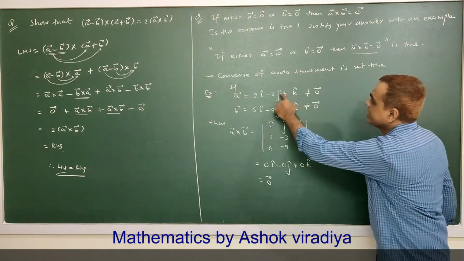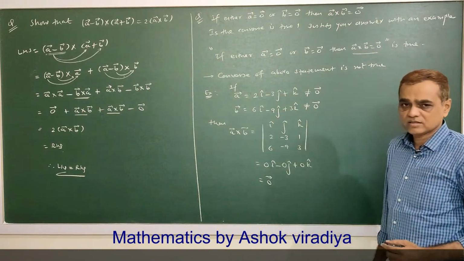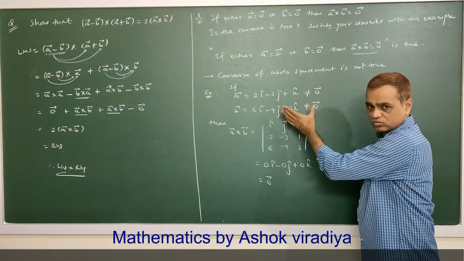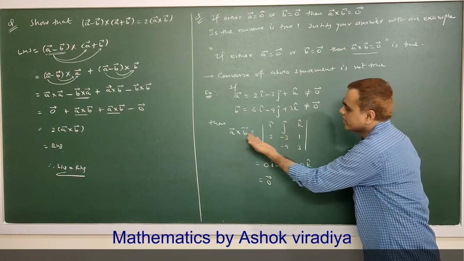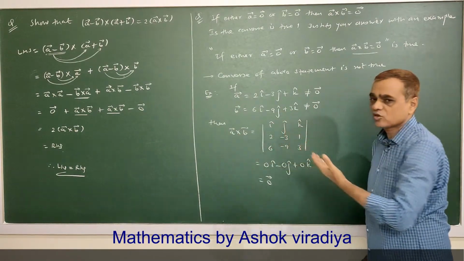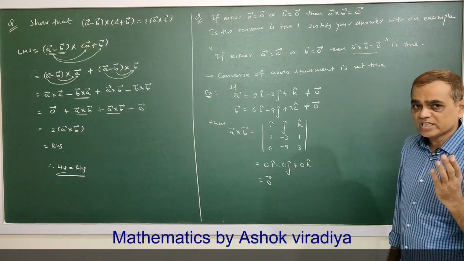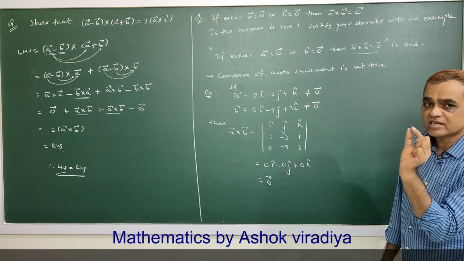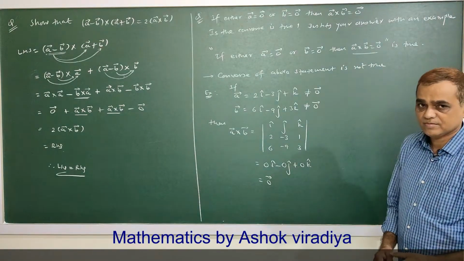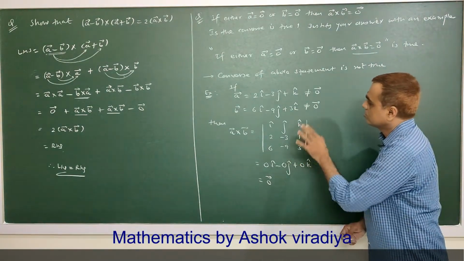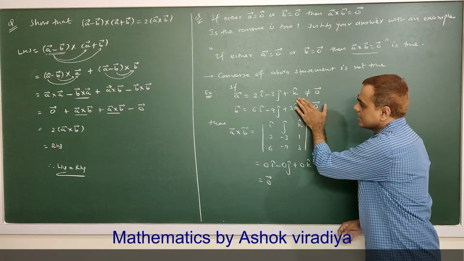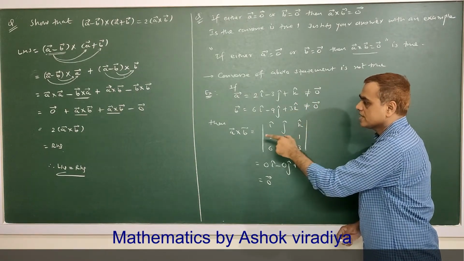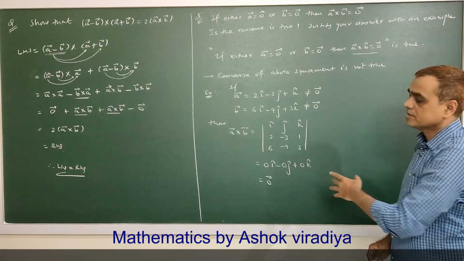Because these are collinear vectors, the angle between them is 0. So we can also calculate the cross product of these vectors using the formula magnitude A magnitude B sin theta times n cap. So A is non-zero, B is non-zero, A cross B is 0.